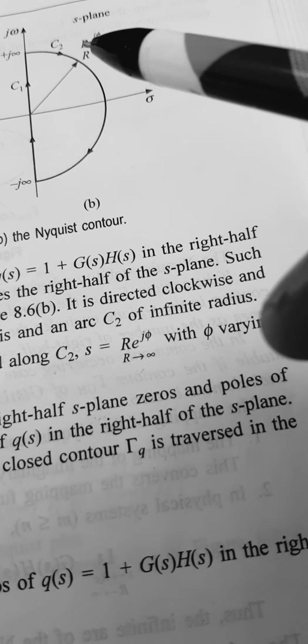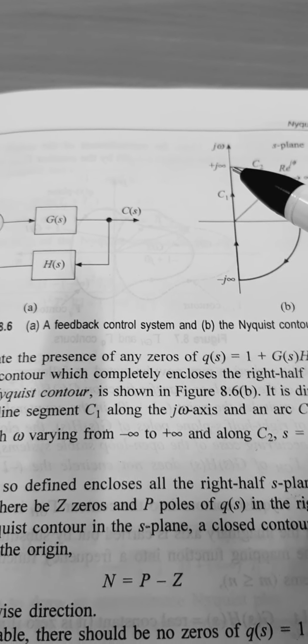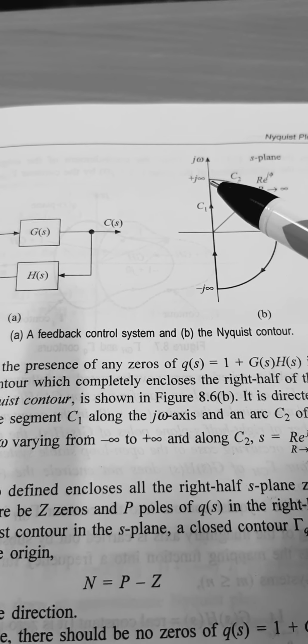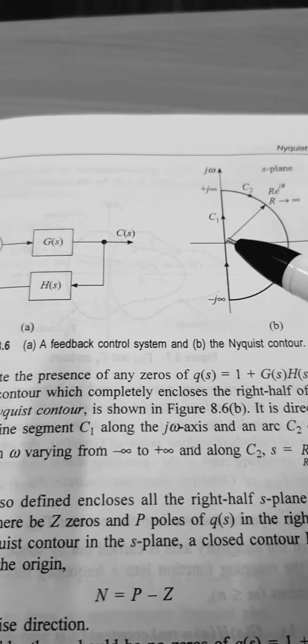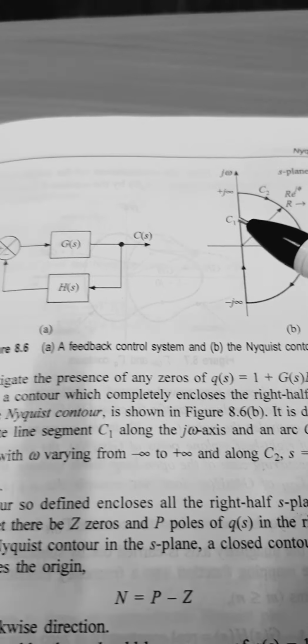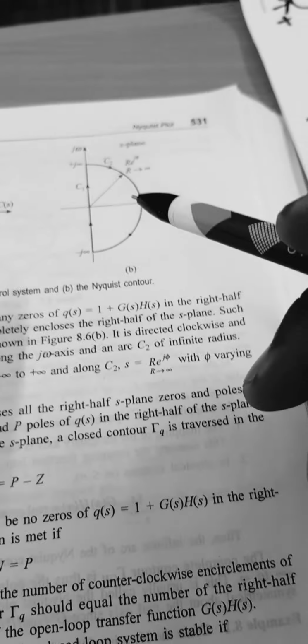So it comprises an infinite line segment on the j omega axis as well as an arc of infinite radius.